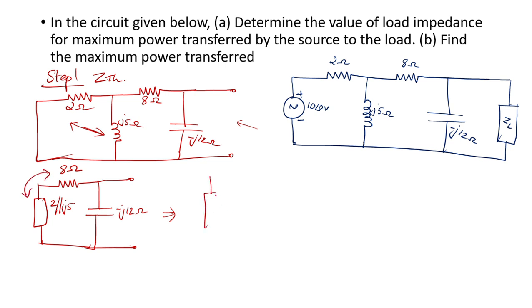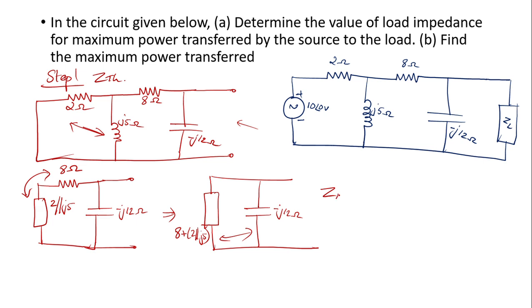So I'll again reduce the circuit over here. So this will be 8 plus 2 parallel J5, and finally you can see that these two are in parallel. So I can finally write ZTH is equal to minus J12 in parallel with this value, 8 plus 2 parallel J5.